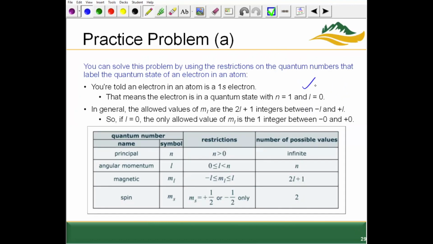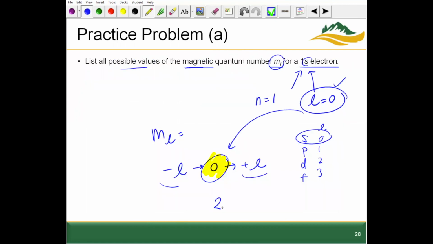So here we just denoted n equals 1, L equal to 0. The number of allowed values of m sub L is 2L plus 1. This gives us the integers between -L and +L, so let's practice with the 2L plus 1 for this specific example. 2L plus 1 can also tell us the number of possible m sub L values.